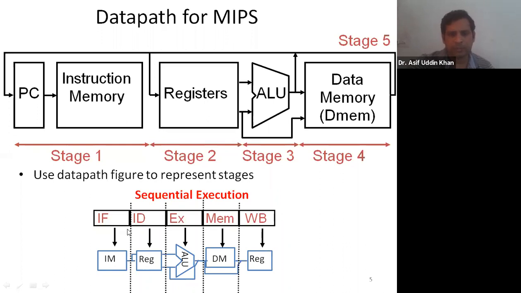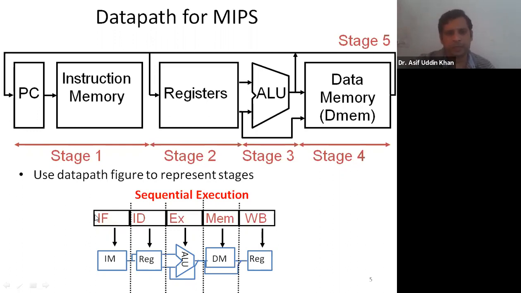First, the instruction has to complete the IF stage, then the ID stage, then the EX stage, then the MEM stage, and after that the WB stage. What happens in which stage I already discussed in the previous slide. So this is the sequential execution: after the completion of one stage, the other stage starts.